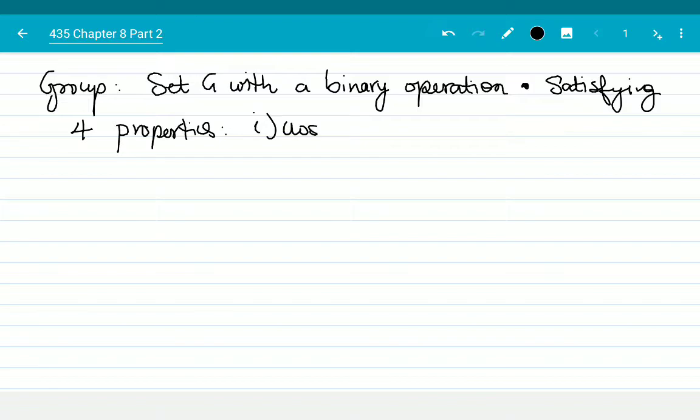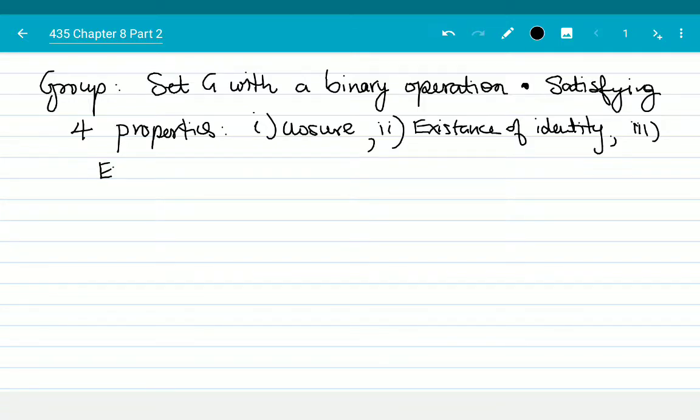Closure. Second, existence of identity. Third, existence of inverse.